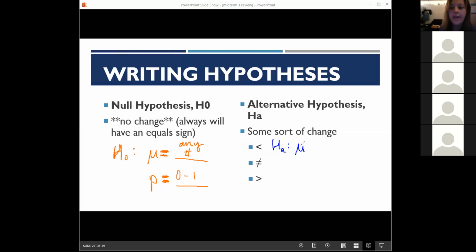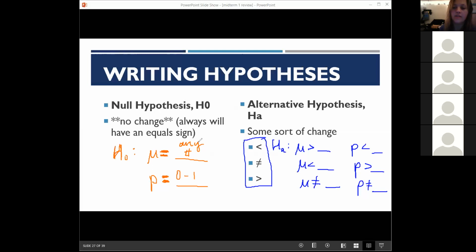So you can have mu greater than your value, mu less than your value, or mu not equal to your value. Or you can have p less than your value, p greater than your value, or p not equal to your value. These are basically everything you can use when writing these. Remember, we're never going to have an equal sign in the alternative. We have one of these three, and then we'll always have an equal sign for the null hypothesis.